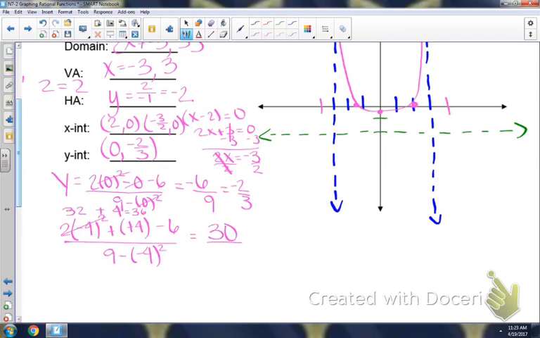Do not change those subtractions on the bottom to plus because you have to square the negative 4 to get 16. So you get 9 minus 16, which will give you a negative 7. Okay, so 30 divided by negative 7, 7 will go into 30 4 times.